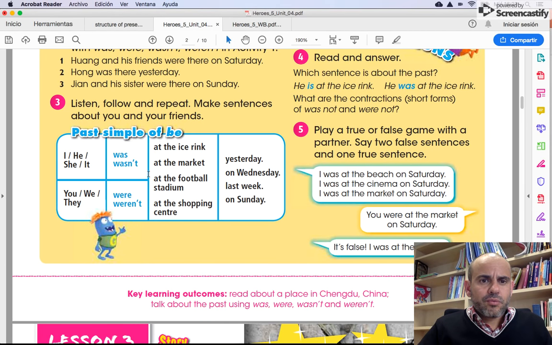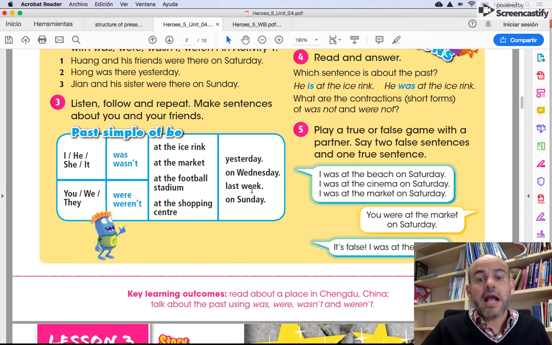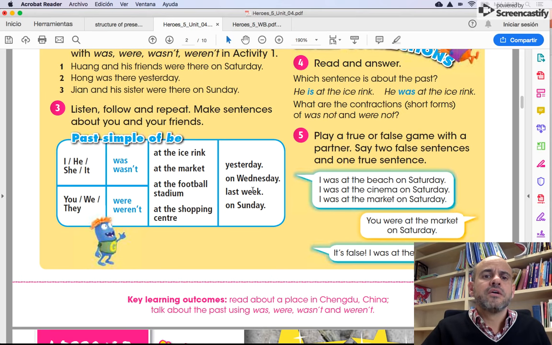And then would come the moment for the presentation, where students very soon have to do controlled practice of the target language. How do we know it's controlled? Well, because students can't really think or speak out of the box, in this case, a literal box. They have to combine the subjects, the forms, and the places, and the time references to make sentences about themselves and about their friends.